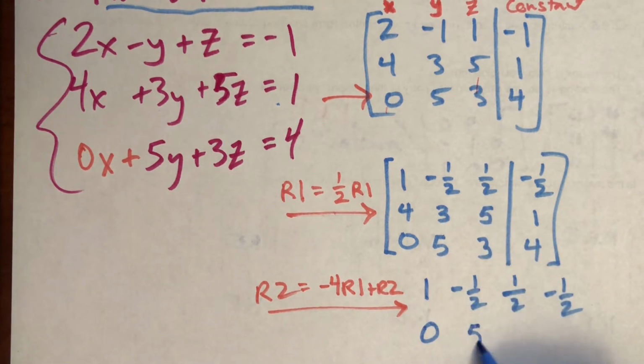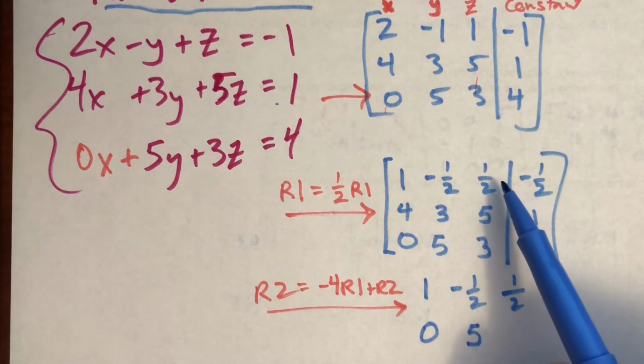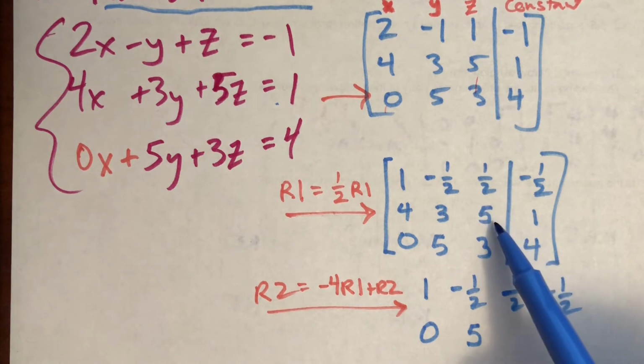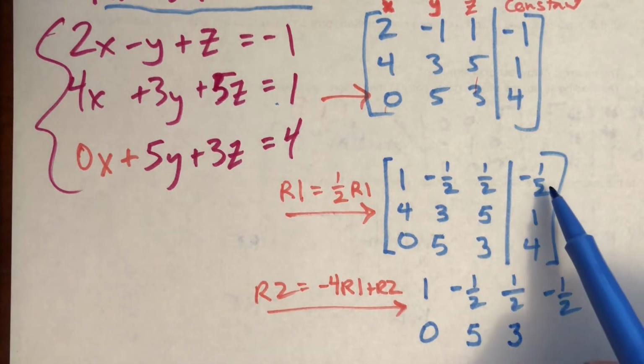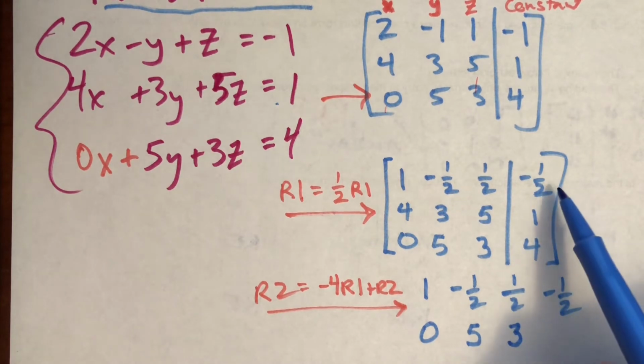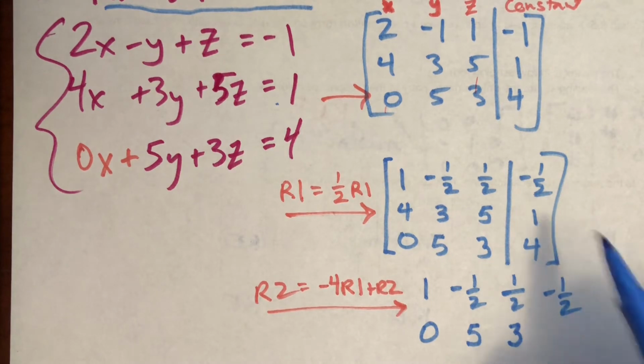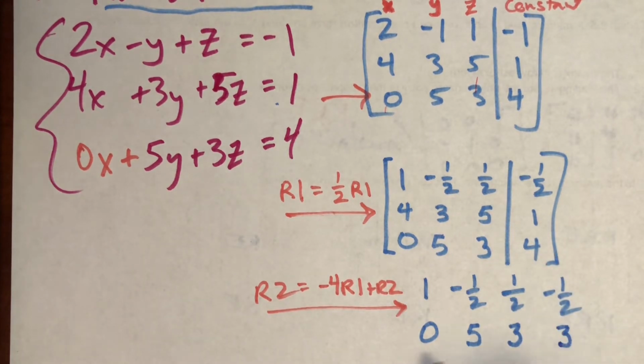Plus 3 would be 5. Okay, -4 times 1/2 would be -2. Plus 5 would be 3. And then -4 times -1/2 would be +2, plus 1 would be a 3. Okay, so there's my row 2.